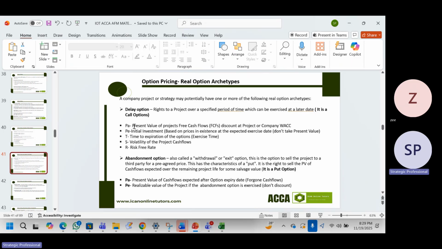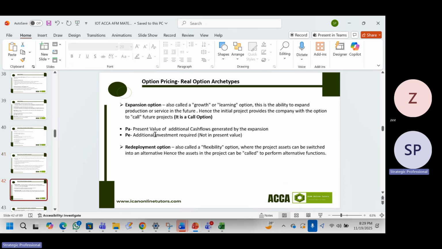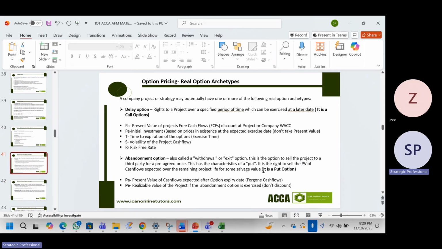Now, is PA after the delay option and abandonment option, or before? If you look at abandonment, look at the present value of cash flow expected after the expiration date.